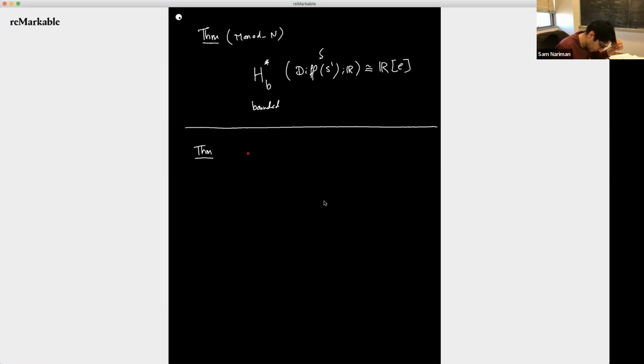That the bounded cohomology of Diff of S3, so this is again Mono and myself, is 0 for star less than or equal to 4.